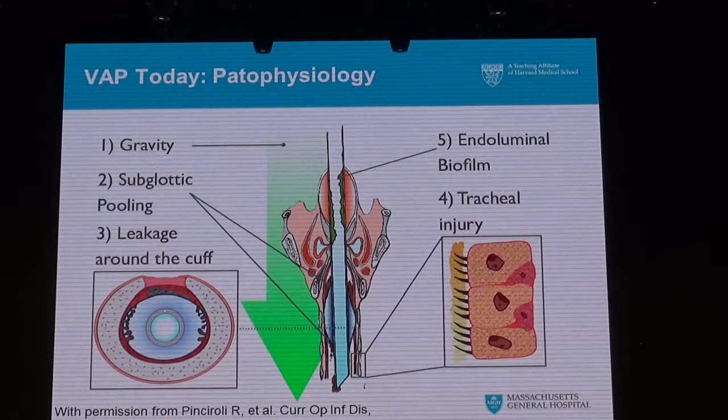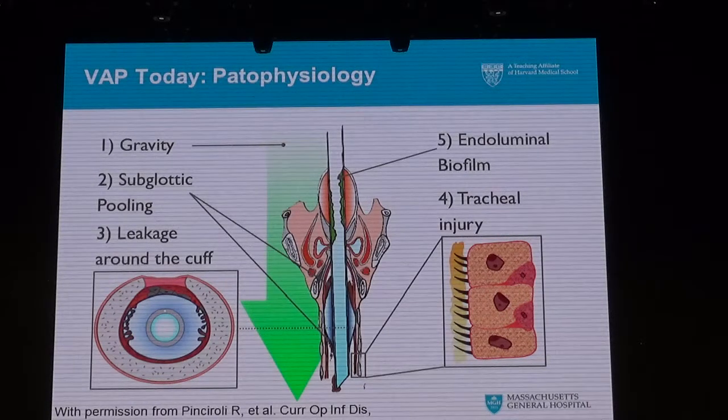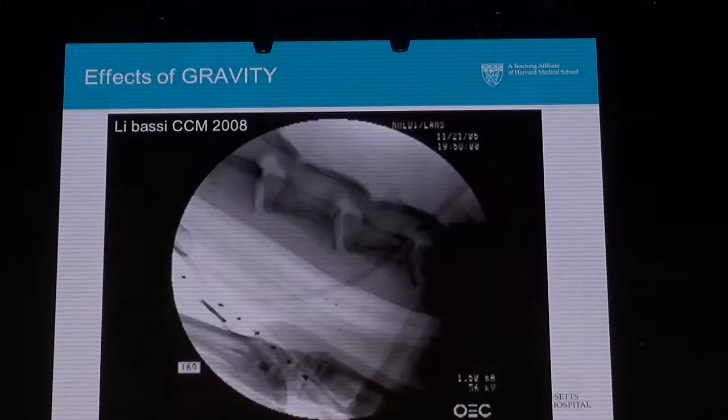There are two areas I'm interested in: the outside of the endotracheal tube, meaning the cuff sealing against the tracheal mucosa, and the inside of the endotracheal tube, the lumen of the tube. So, the first point is the gravitational one.